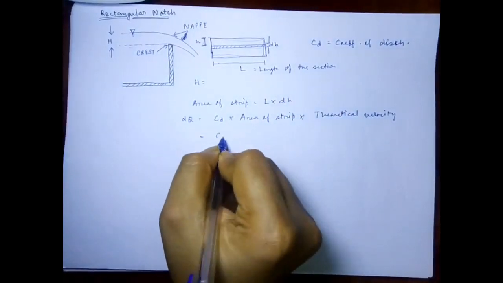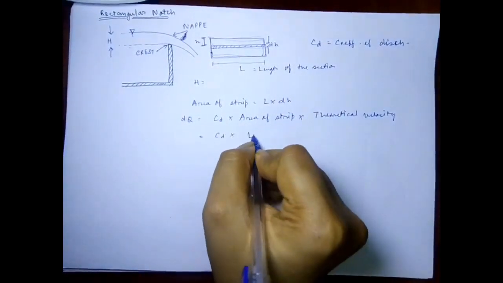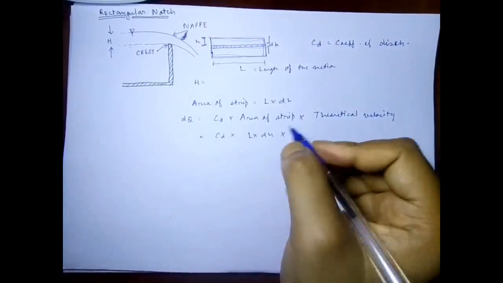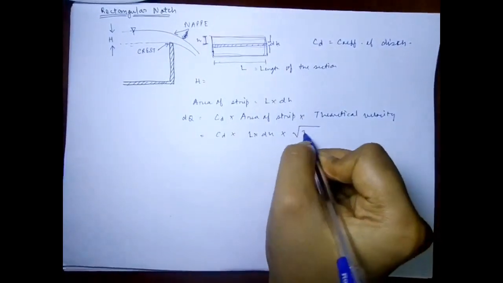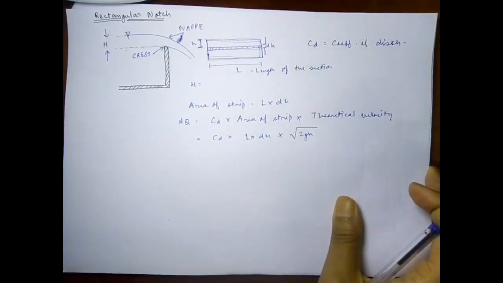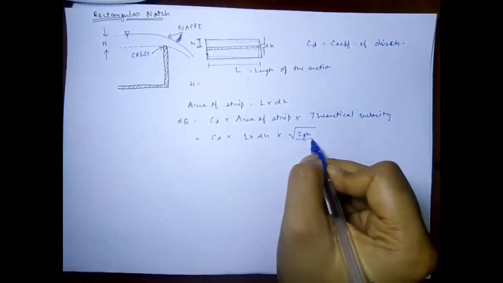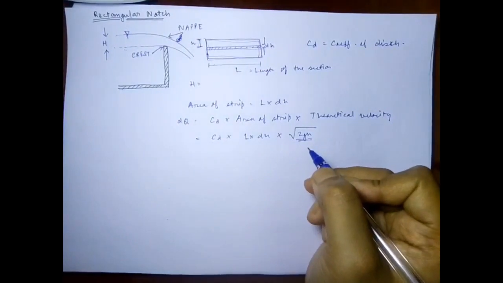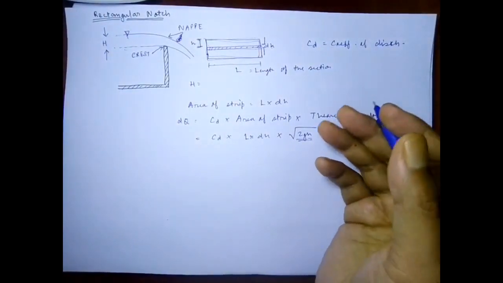Therefore CD times area is L times dh, times the theoretical velocity, which is root 2gh, because we have derived in the previous lessons that theoretical velocity is equal to root 2gh, and we need not prove that.